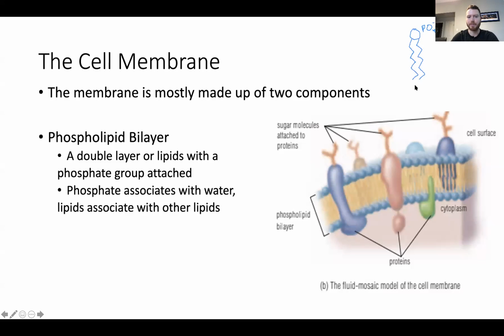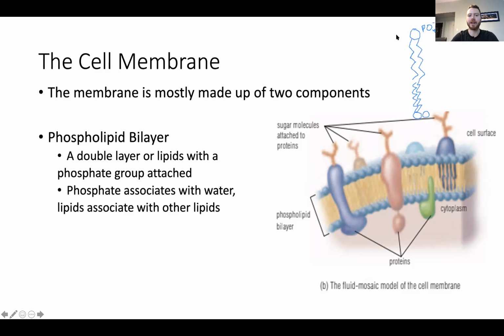And from both sides, that forms the top half of it, and then we're going to also have something like this. So they're going to look like this. Okay, so again, these are the phosphate groups, and here are the lipid tails.